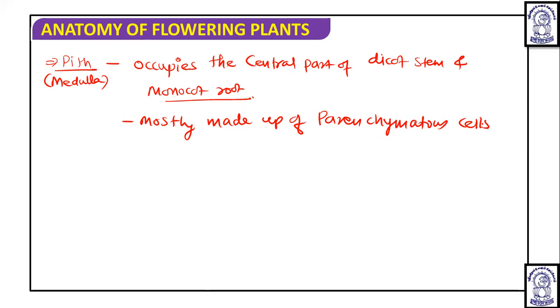So all this cortex, which is made up of hypodermis, general cortex, and endodermis, then pericycle and pith, combinedly form this ground tissue system.